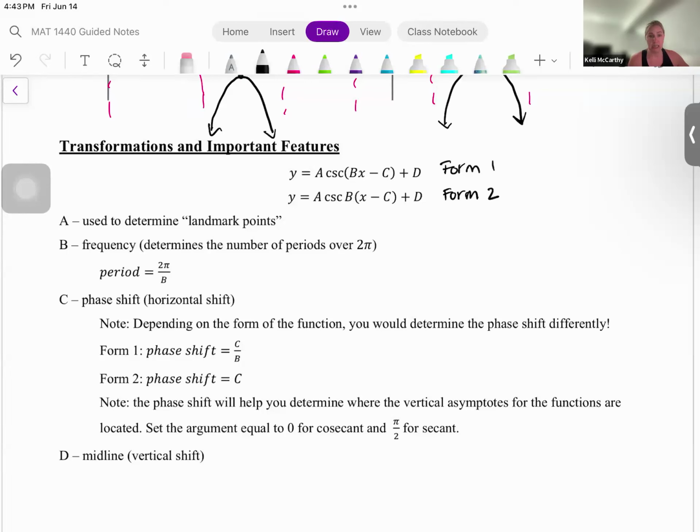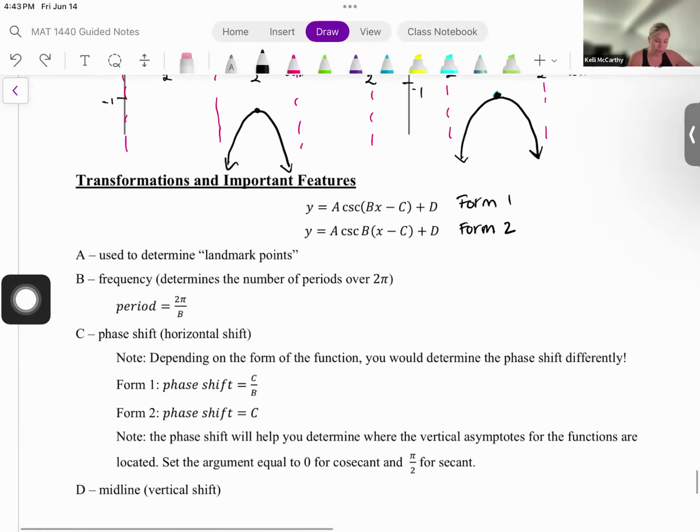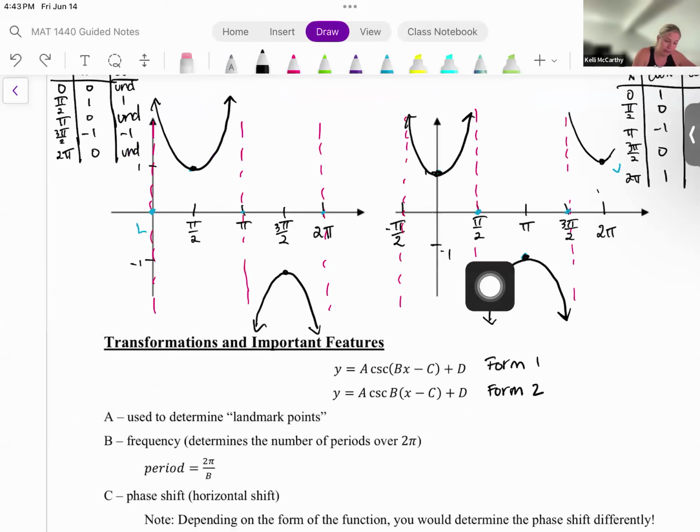So the phase shift is going to be used to determine where that vertical asymptote for functions are located. We're going to set the argument equal to 0 for cosecant. Remember, that's our first asymptote for cosecant. And we're going to set it equal to pi over 2 for secant, because that's our first positive asymptote for secant.